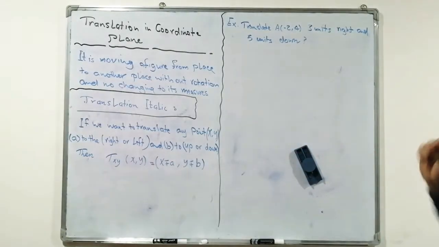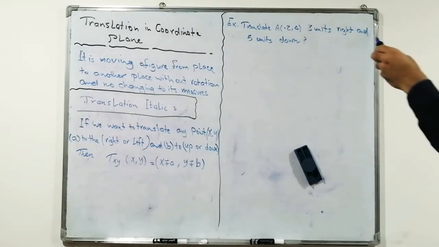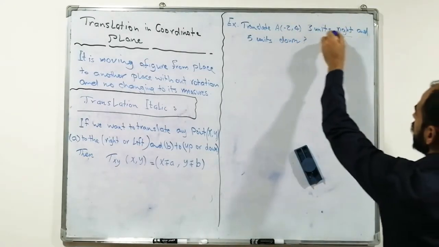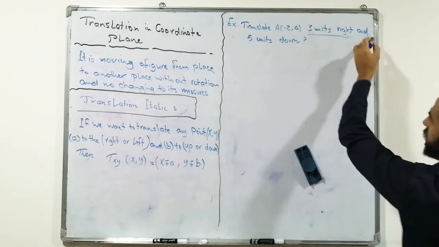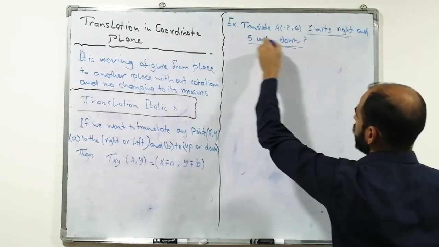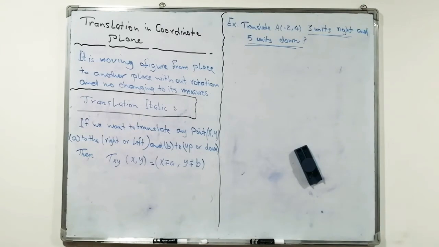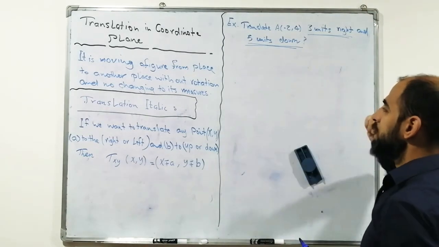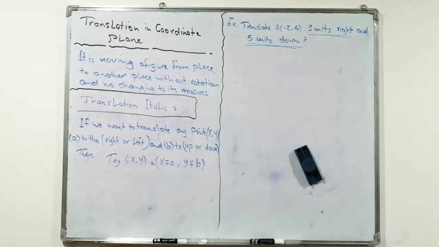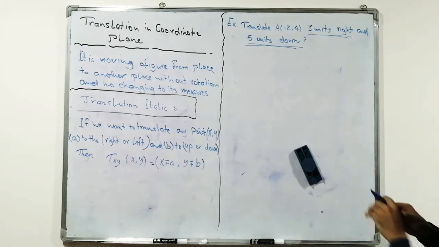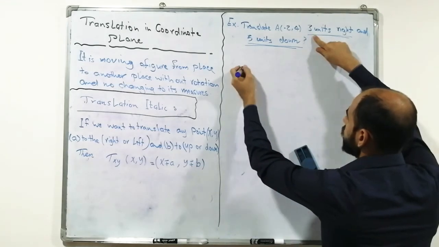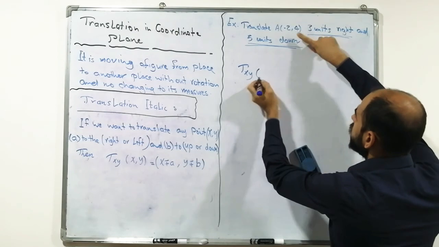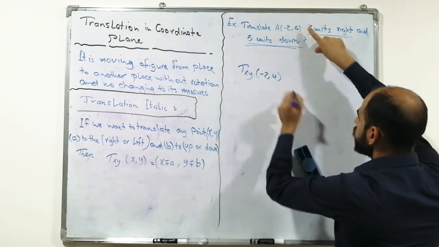ناخذ هذا المثال. Translate the point A minus 2, 4, 3 units to the right and 5 units down. Here we have translate with x-axis. We want to translate the point, يعني انسحاب مع المحورين، of the point minus 2 and 4.